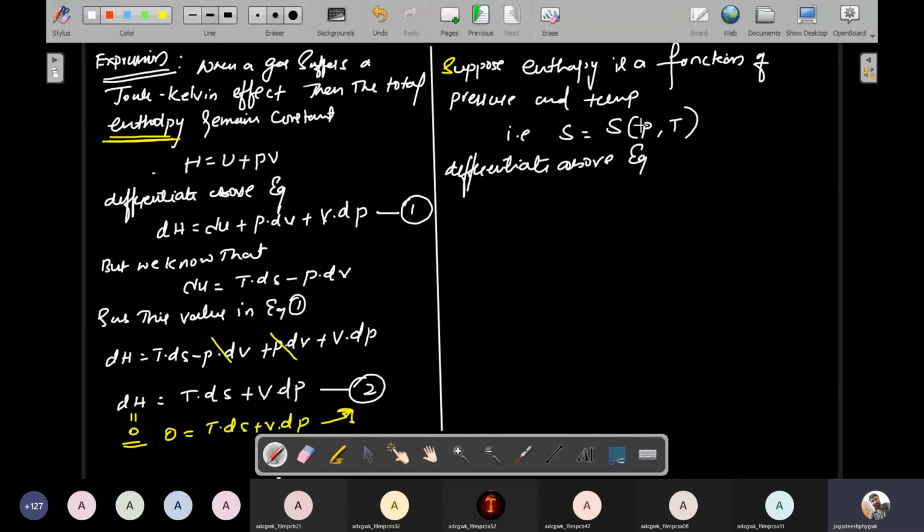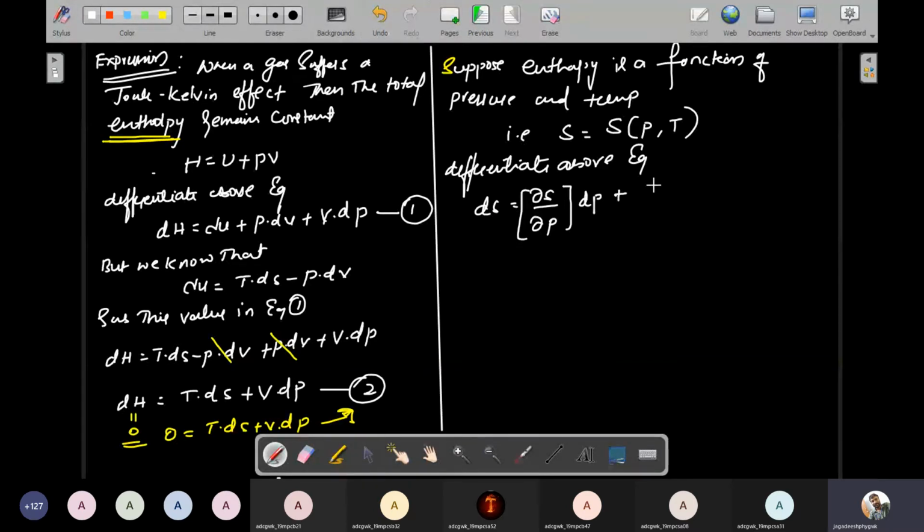If you differentiate with respect to P, then T will be constant. If you differentiate the above equation with respect to T, then P is held constant. Therefore this equation represents dS is equal to partial S by partial P into dP.